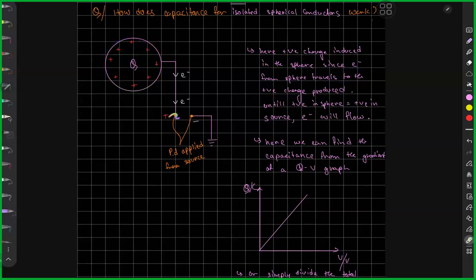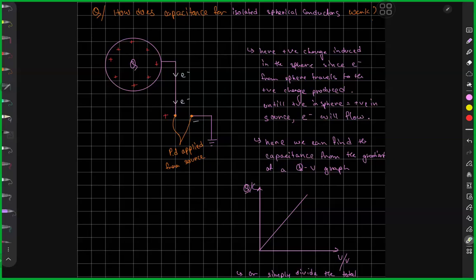When I provide this EMF over here, I'm causing all the electrons from here to travel to the positive part of the circuit or positive part of the cell. So that is how I am pulling in electrons from the sphere, and the rest of the electrons get to Earth. And that is why we have earthing, right? So, in essence, that is how you can make this sphere positively charged.